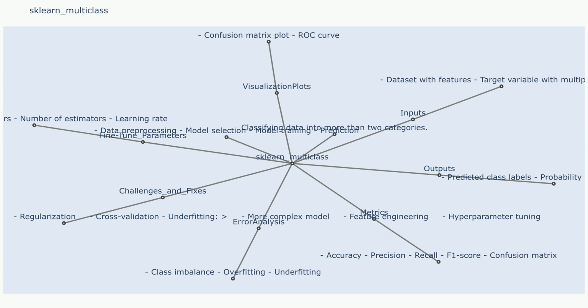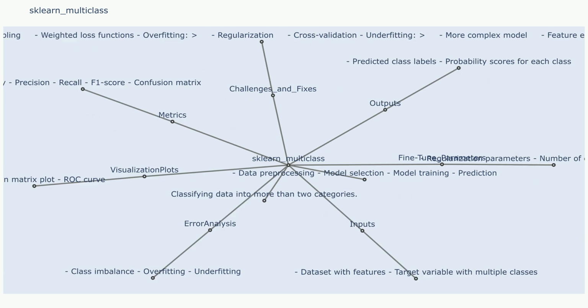Model evaluation: the trained model's performance is assessed using appropriate evaluation metrics, such as accuracy, precision, recall, F1 score, and confusion matrix. This helps understand the model's effectiveness in classifying different classes and identify areas for improvement. Model deployment: once satisfied with the model's performance, it can be deployed for making predictions on new, unseen data.